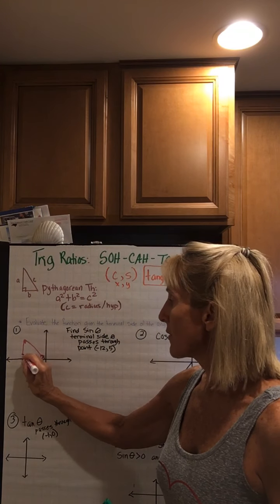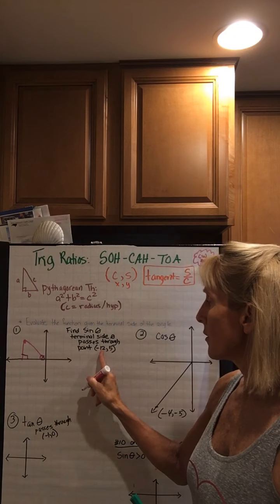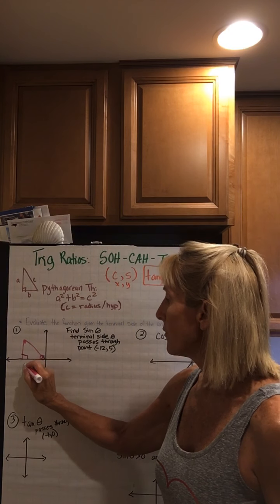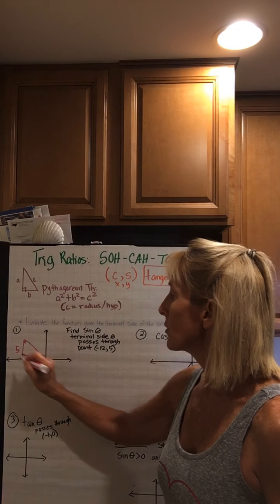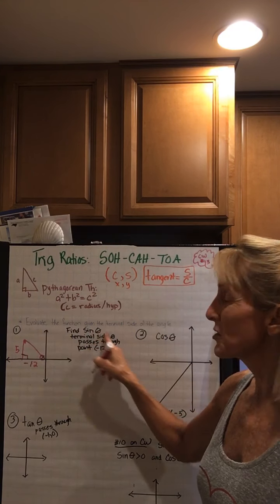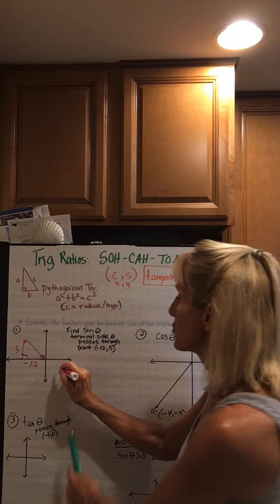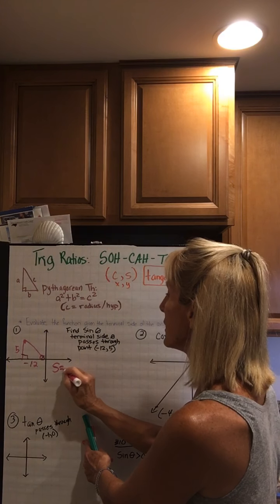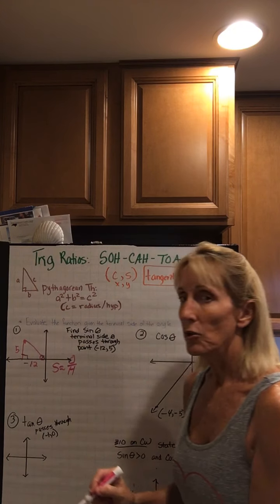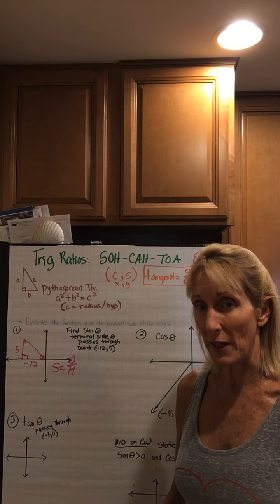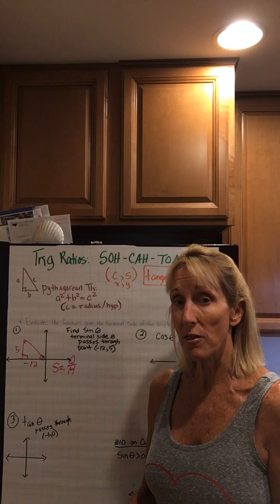So now I have my right triangle. Negative 12 is here, and up 5 was here. If I want to find the sine of theta, sine is opposite over hypotenuse, so I have to find the hypotenuse. That's why you need to know the Pythagorean theorem.